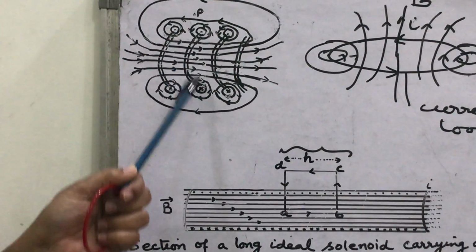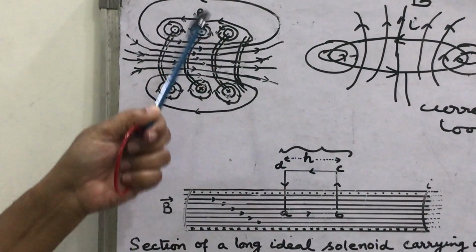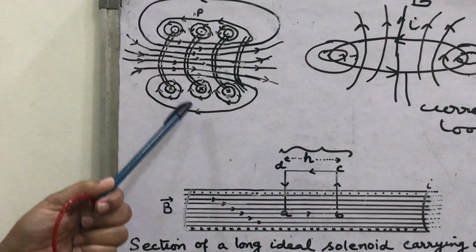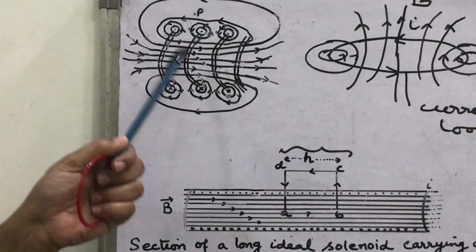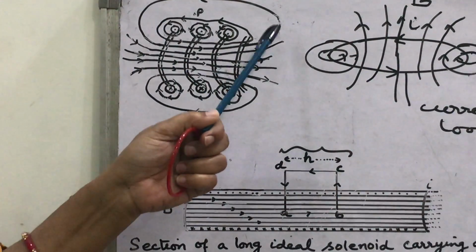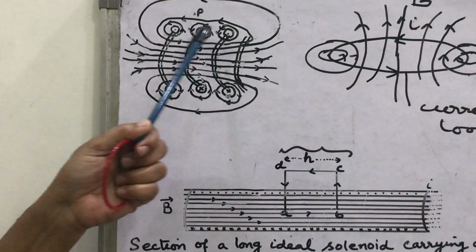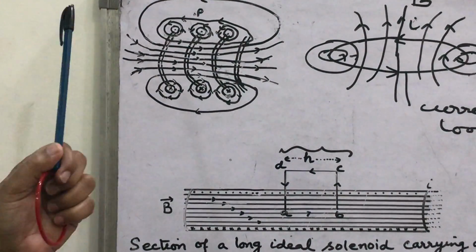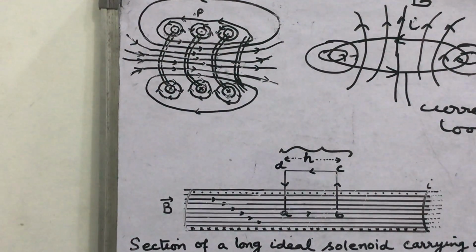So what do we observe? Along the axis of the solenoid, the magnetic field is the vector sum of all the magnetic fields produced by all the loops. We observe that these magnetic field lines cancel out in the perpendicular direction.